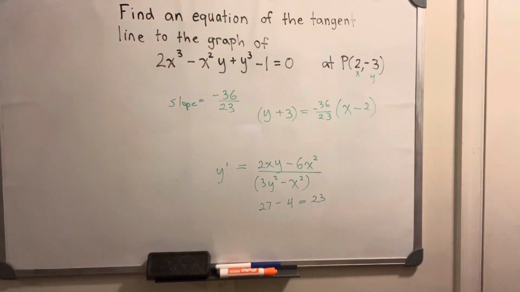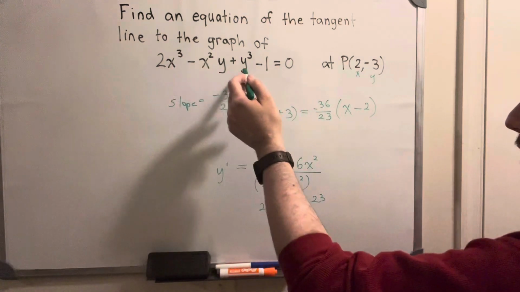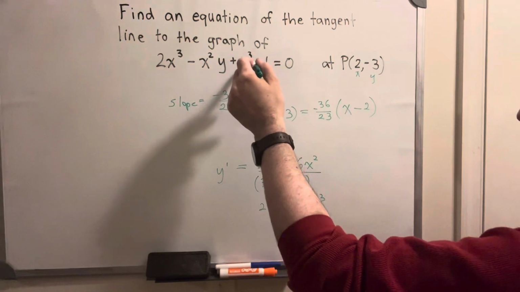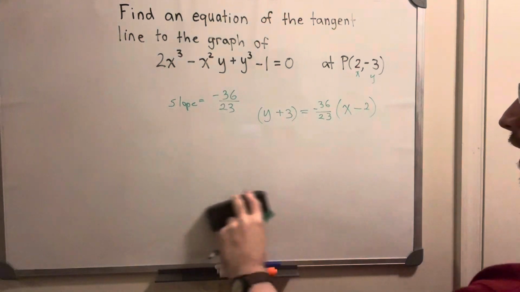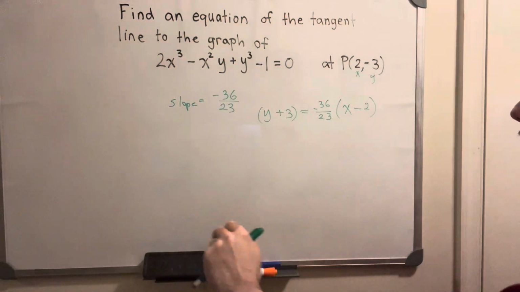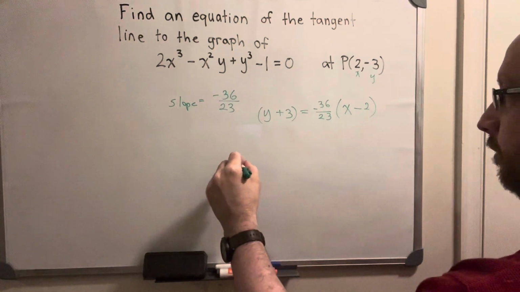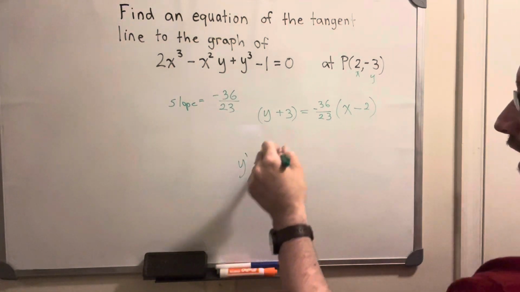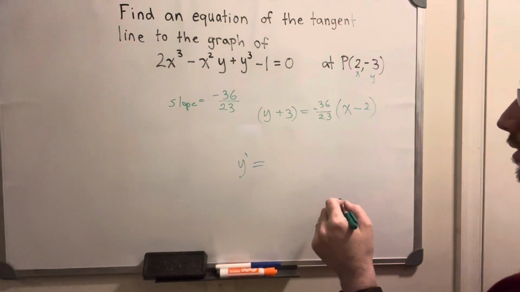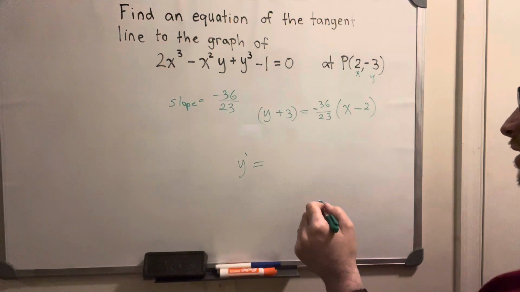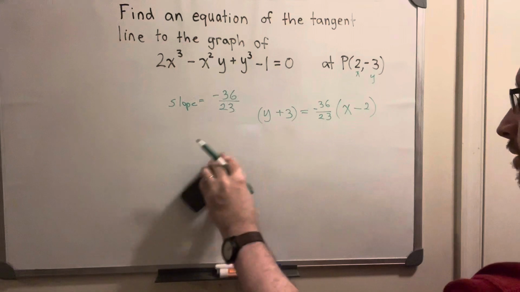The important part was differentiating both sides here, remembering the chain rule and how to factor the y primes all by themselves so that you have an equation of y prime in terms of both x and y's, and using the fact that you know a point and solving for the slope of the derivative.